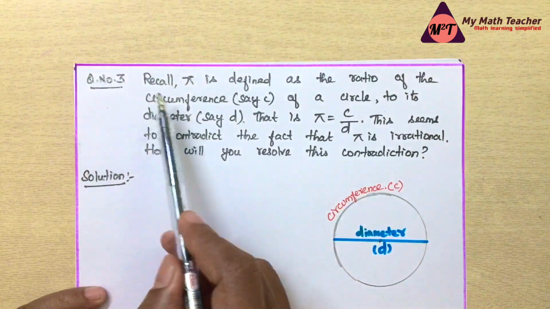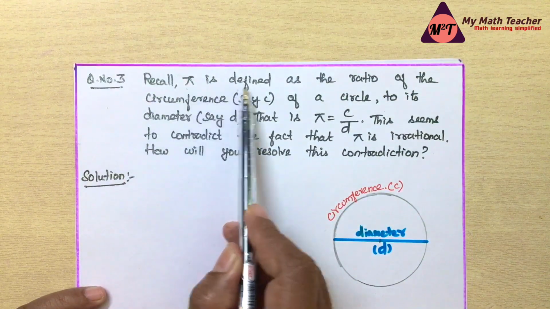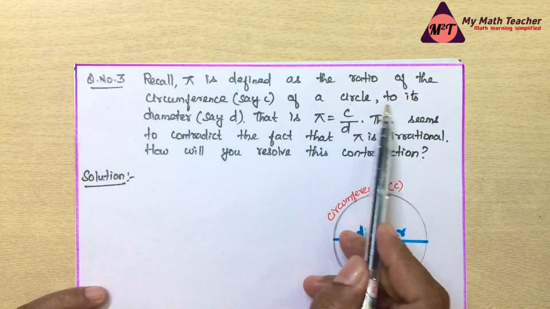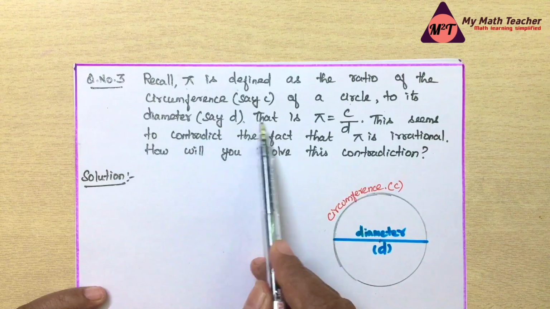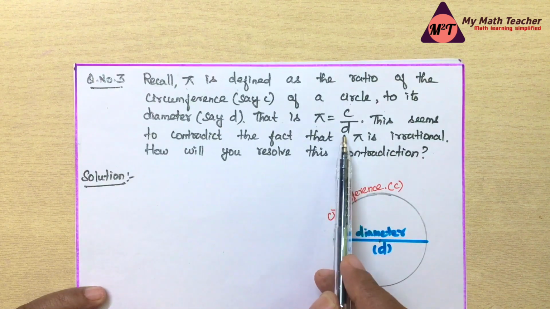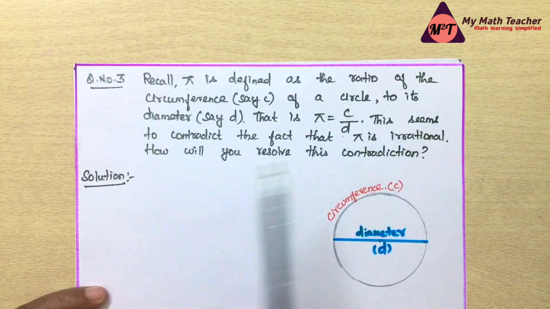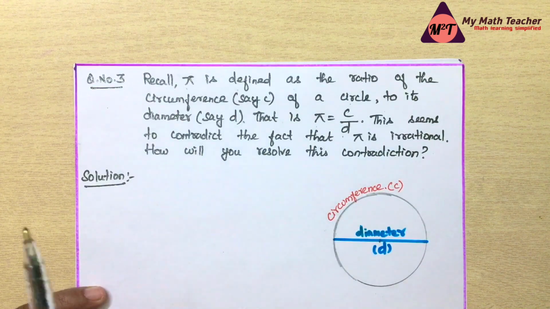Question number 3. Recall, pi is defined as the ratio of the circumference of a circle to its diameter, that is, pi is equal to c by d. This seems to contradict the fact that pi is irrational. How will you resolve this contradiction?